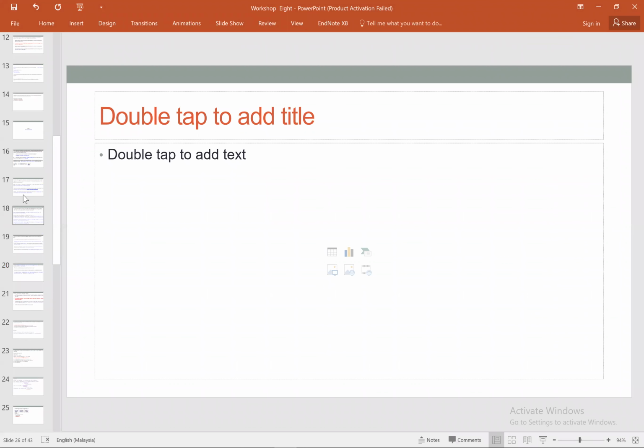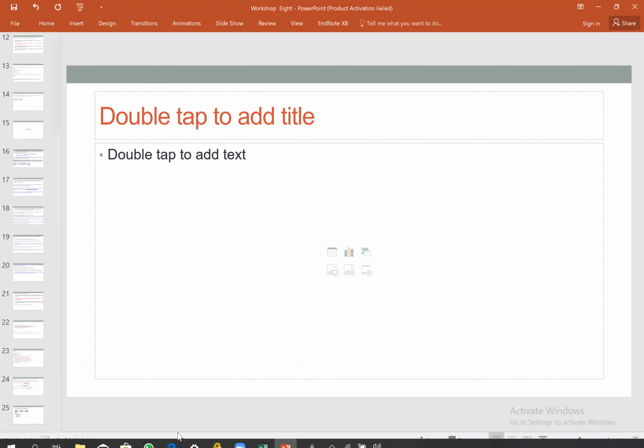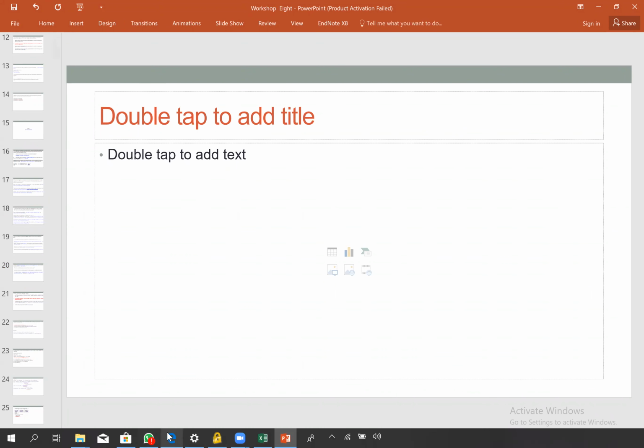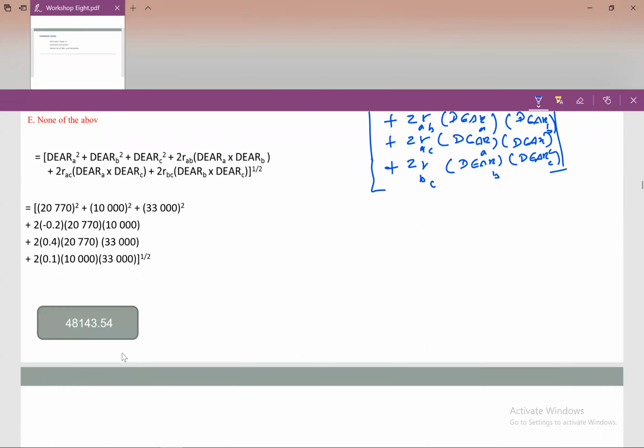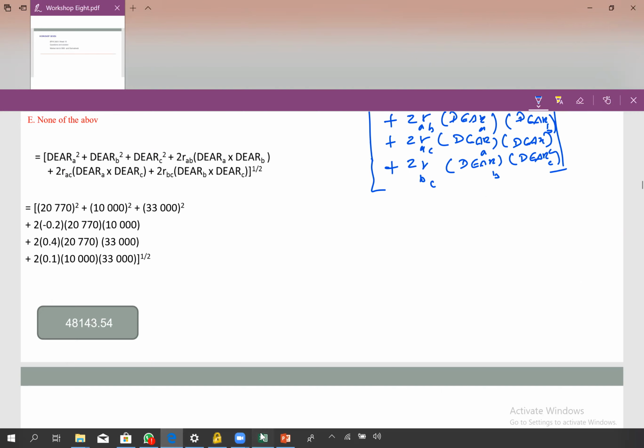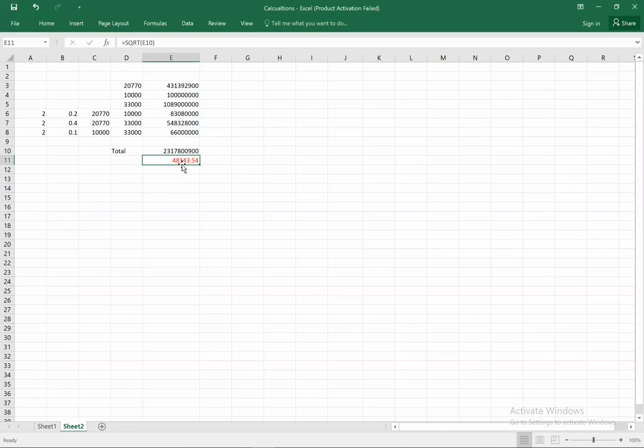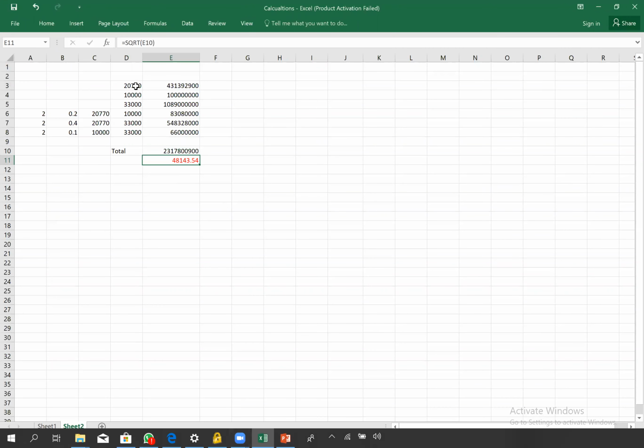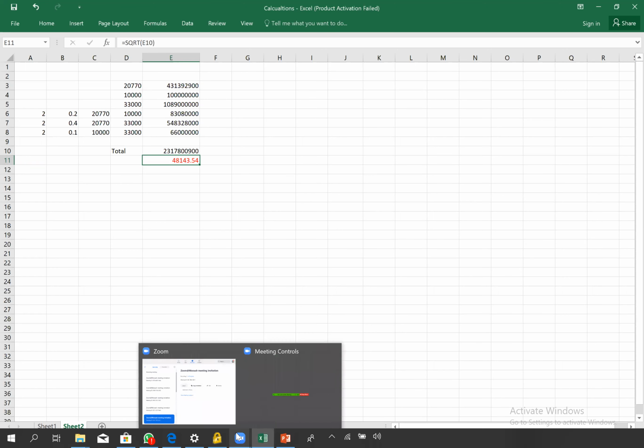When I did my calculation, I got 481.3, and I actually got 481.3 from the Excel file. As I told you, if you prepare this in Excel, it will be easy for you to do it during the exam. You don't have to do all these calculations. The formula is already there.